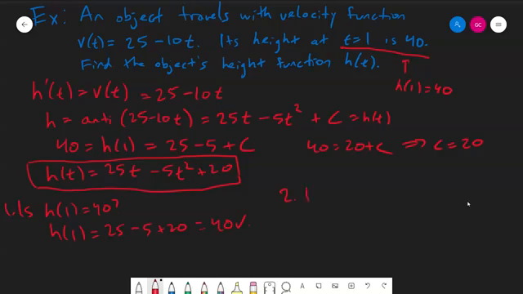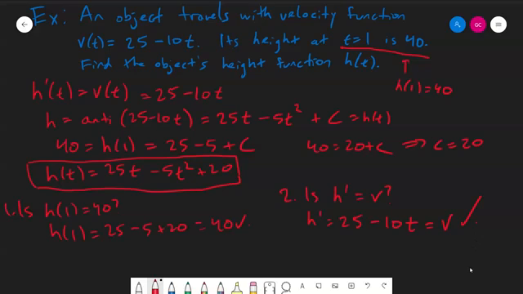The second is the derivative of h equal to the velocity function? Well, the derivative of 25t is 25, and the derivative of 5t squared is 10t, and finally the derivative of 20 is just 0. So yeah, it does in fact match the velocity function.